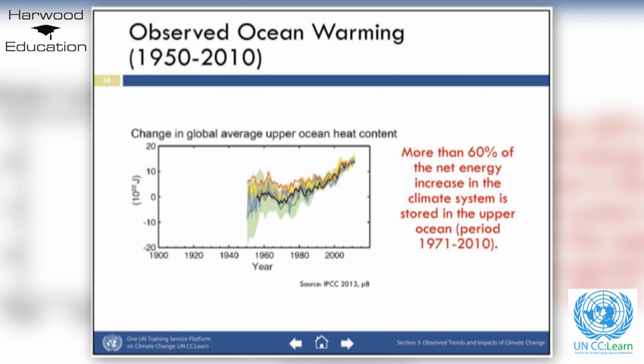The ocean warming is largest near the surface, and the upper 75 meters warmed by 0.7 degrees centigrade per decade over the period 1971 to 2010.